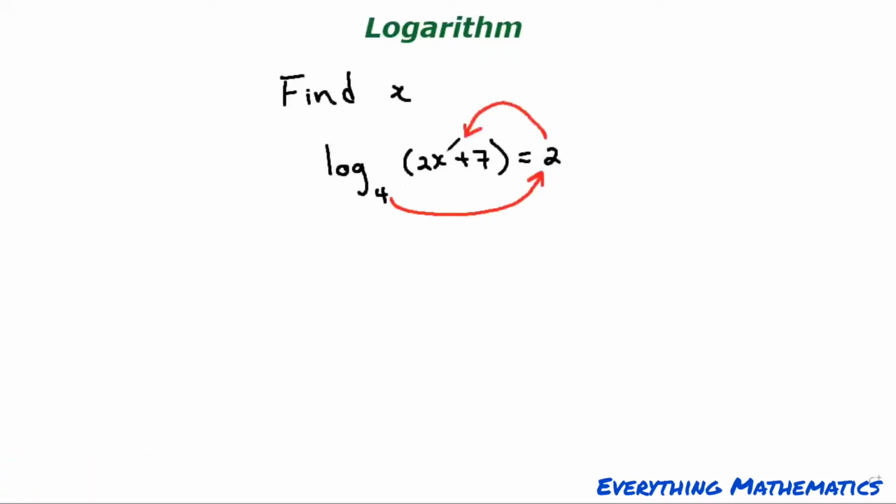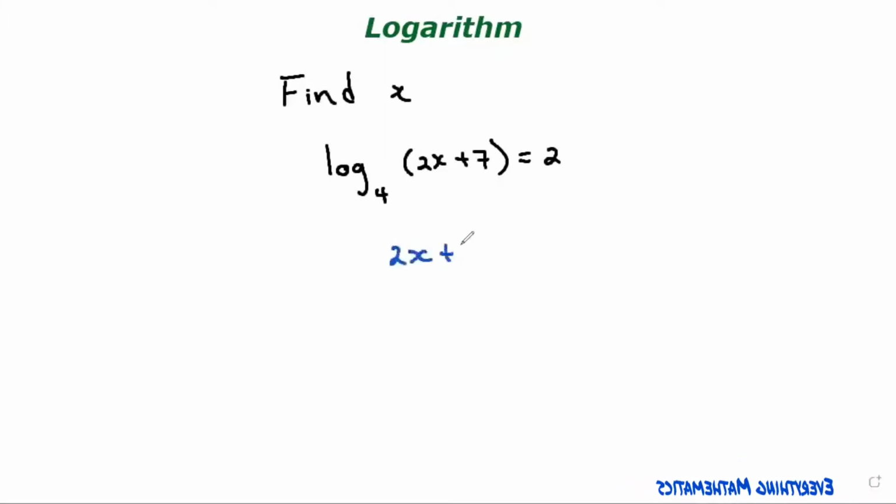As it is in log form, all we need to do is write it in index form and then see what magic could happen after that. If we write this in index form, we would have 2x plus 7 is equal to 4 squared. Or you could put it the other way around, because what's inside here is basically the answer. So you could also say 4 squared is equal to 2x plus 7.